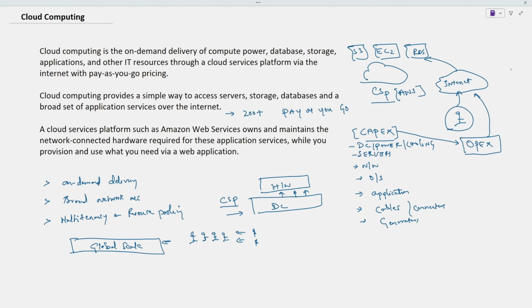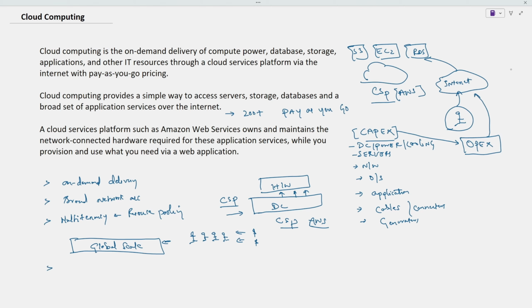The hardware deployed in the data center is customized hardware, designed and developed by the cloud service provider themselves. Many of the blade servers, many of the servers or compute environment are designed by the cloud service provider. So basically, AWS will design and develop the hardware part for their infrastructure.